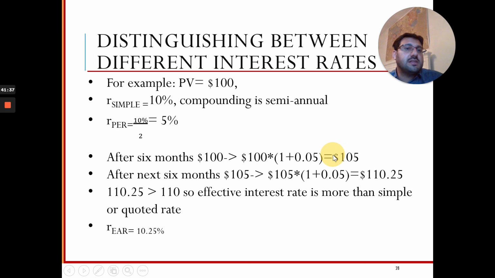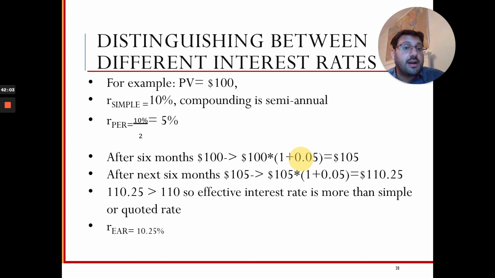Now what happens in the next time period? The 105 will be calculated as 105 into 1 plus 0.05, which is equal to 110.25. If the return would have been paid only one time in a year, what would have been the value of the $100 which you have invested? 110 only.